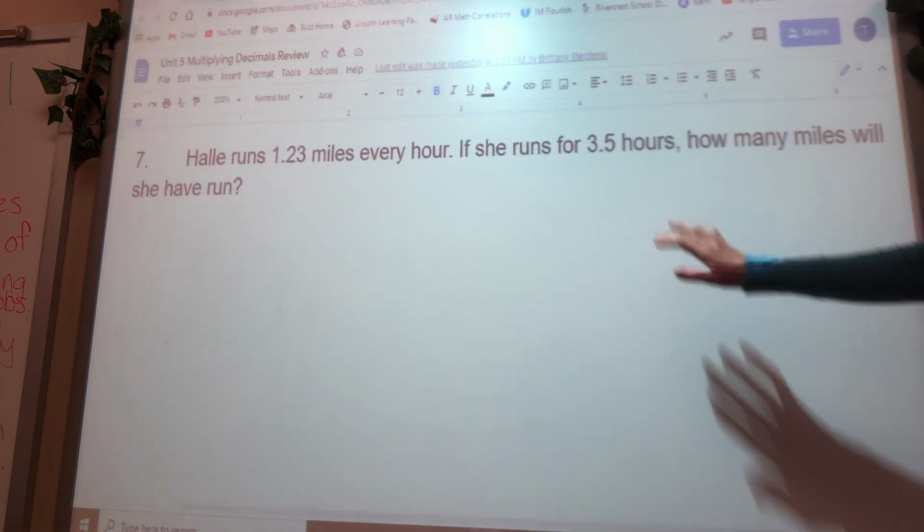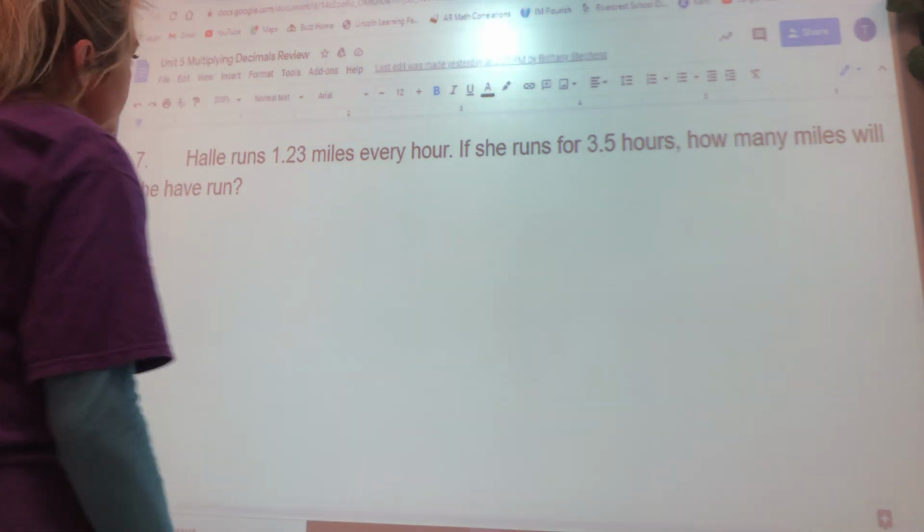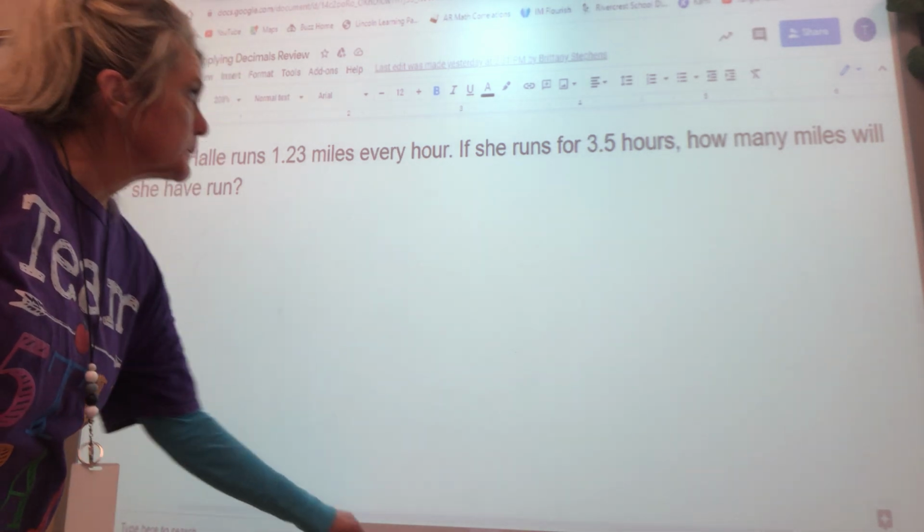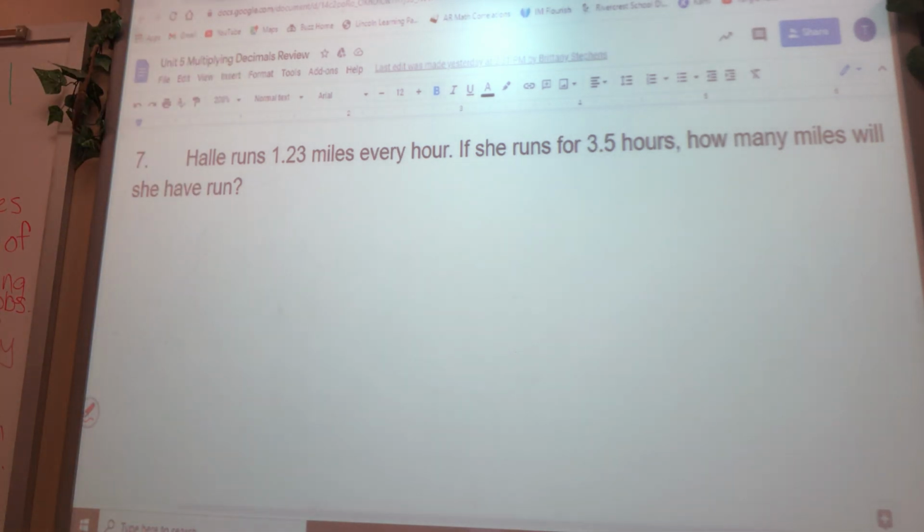Okay. Hallie runs 1 and 23 miles every hour. If she runs for 3.5 hours, which we know is 3.5 hours, how many miles will she have run? Okay, we always put the one with the most digits on top.